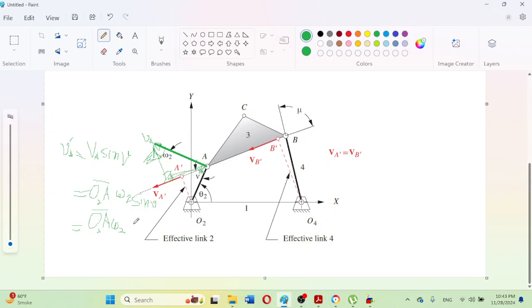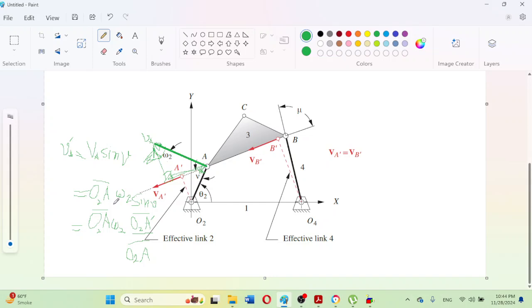Input the value here: O2A dash, with the line segment symbol, divided by O2A.